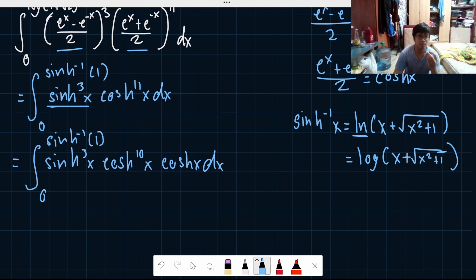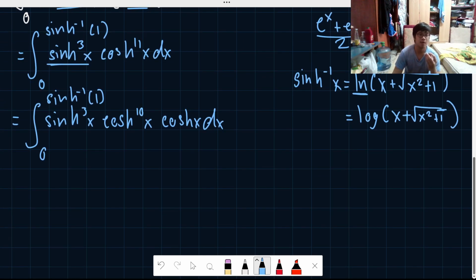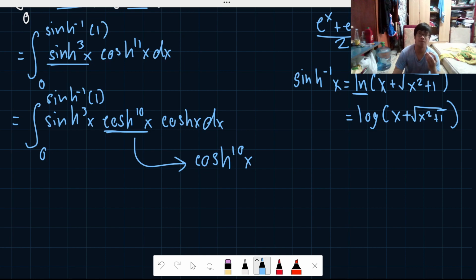So what are we going to do? Since you picked the second choice, this is the next step. You see this one. Since this hyperbolic cosine has an even exponent, we are going to get the exponent of 2 out of it. In other words, since we have hyperbolic cosine of x raised to 10, instead we can rewrite this as hyperbolic cosine squared of x raised to 5.